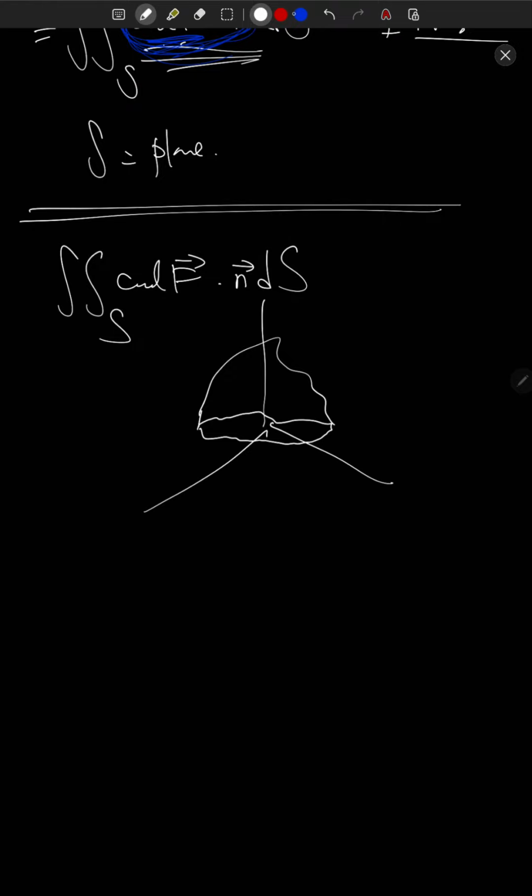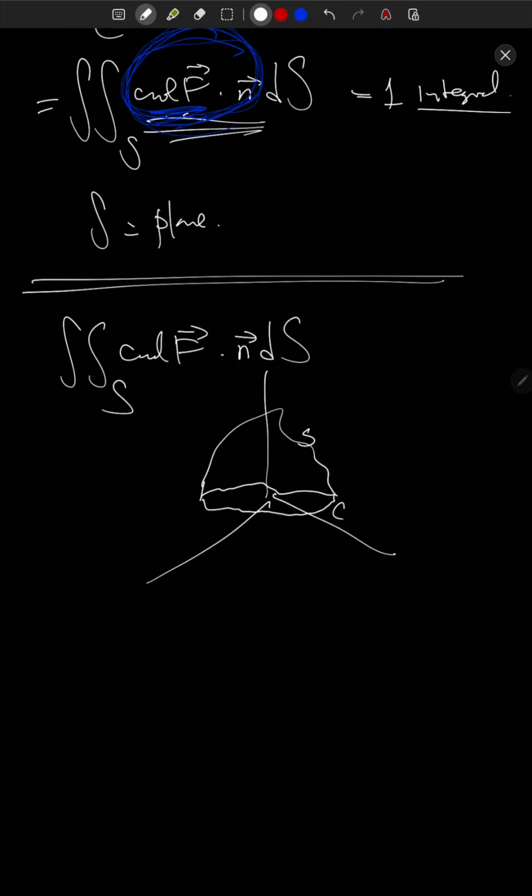Okay, so C, S, let's say the normal is that way. In that case, the curve tangent direction would be that way. And let's say again, this is in the plane. It just happens that the boundary of this horrible surface is on the plane, right?